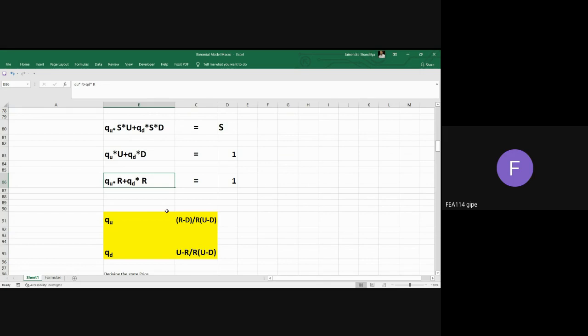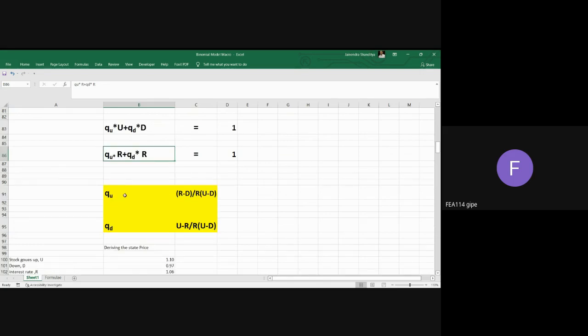So from these two equations, if we solve this linear system, what we get is QU equals R minus D upon, in brackets, U minus D, and QD equals U minus R upon U minus D. The denominator is the same, only the numerator is different. So this can be solved with the help of these two equations.